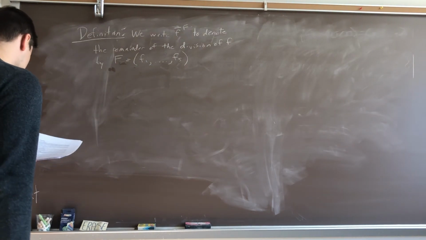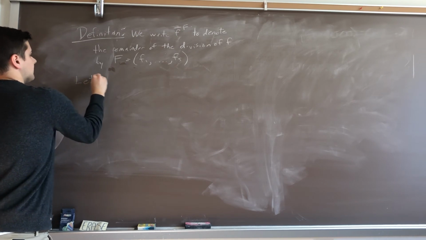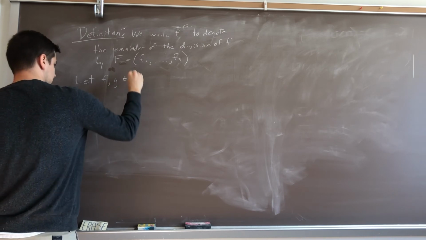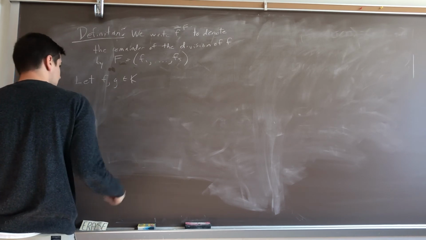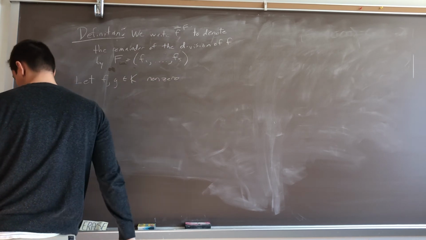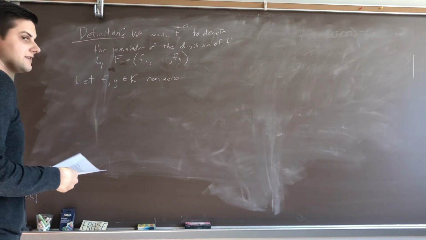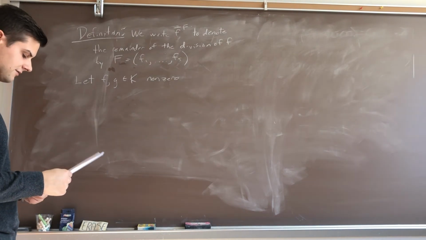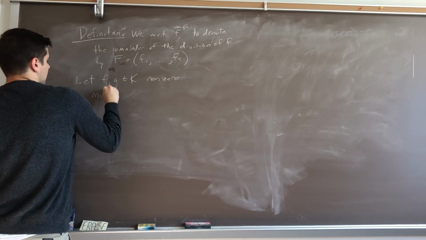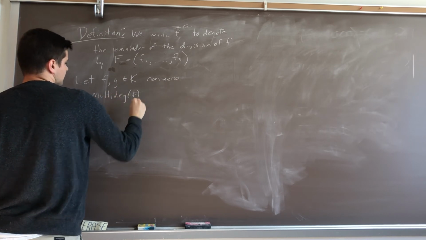Okay. The next definition is if we let F and G be in our ring K and non-zero, then we have, so this relies on a definition from last time, but basically we say the multi-degree, multi-deg, which is multiplicative degree.